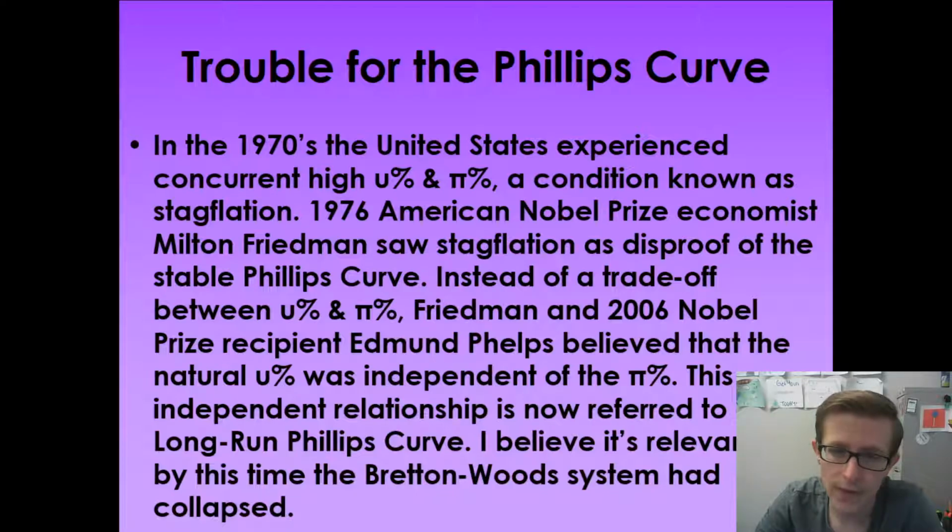Now, when that first came about, they couldn't really figure out why that is. They're saying that it breaks the Phillips model, stuff like that. Eventually, what they realize is that it actually all makes sense because of this thing that they come to coin as the long-run Phillips curve. Now, with that, this little bottom part, Bretton Woods system, we don't need to worry about that.